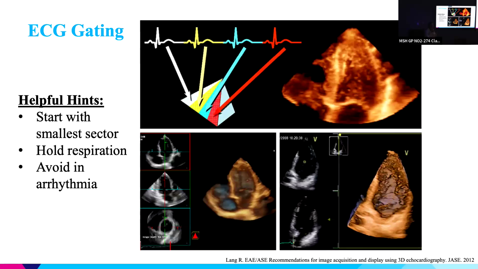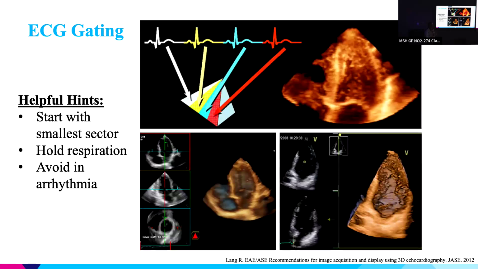The reason why I say you have to hold respirations is when the patient breathes, there's going to be cardiac translation, and that will give you an artifact. Most of the time it's a stitch artifact, and I have an example of that on the next slide. But the more beats you have, the more data that is collected for your 3D volume set. So the higher your frame rate, the better your spatial resolution, and the better that your 3D will look.